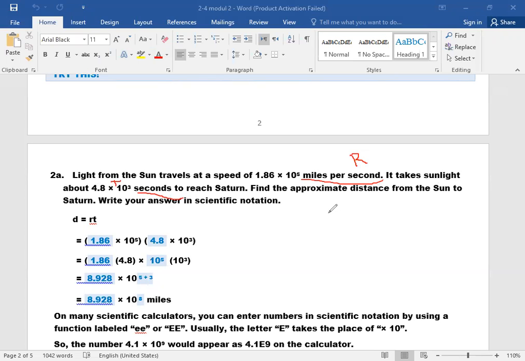We can use the magic triangle, like this. At the top, we will write distance. And this one is the rate.